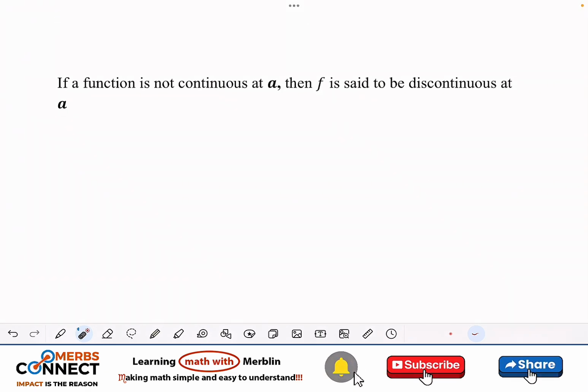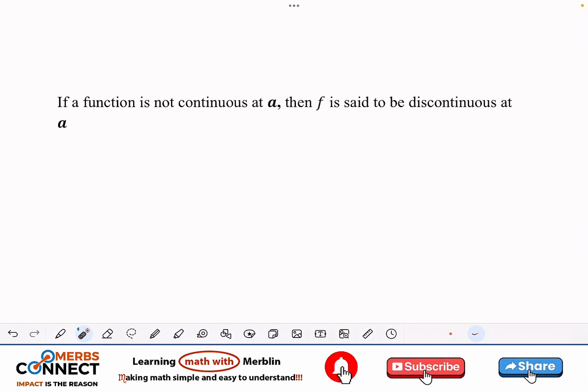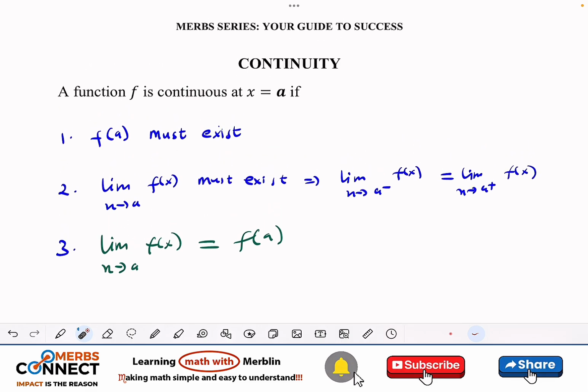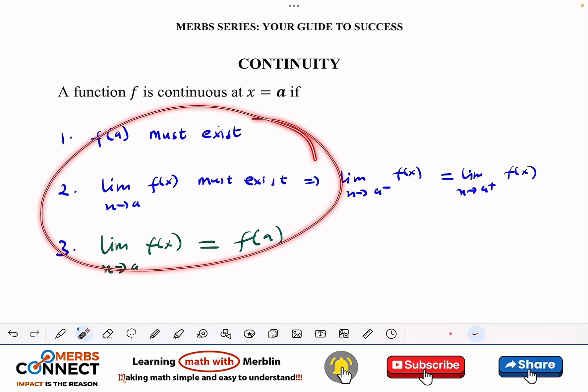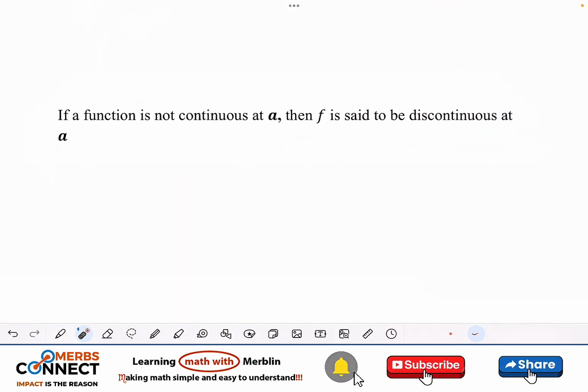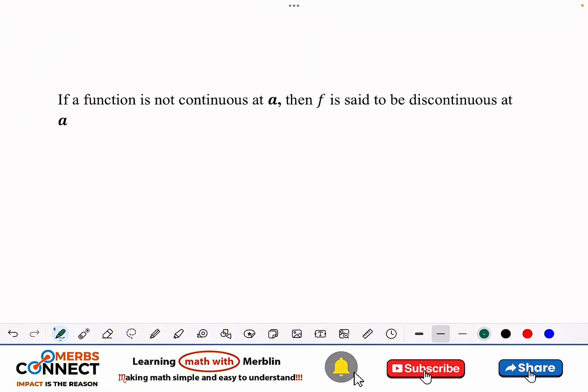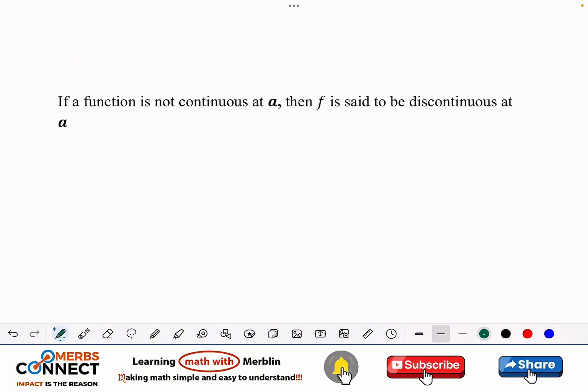Then if a function is not continuous at a, then the function is said to be discontinuous at what? A. Then it means that if any of the properties here does not hold, then it is not true. So one, we can say that f of a does not exist, right?